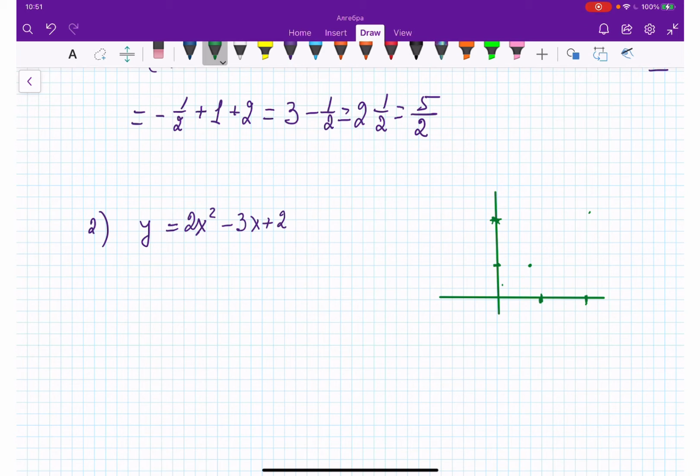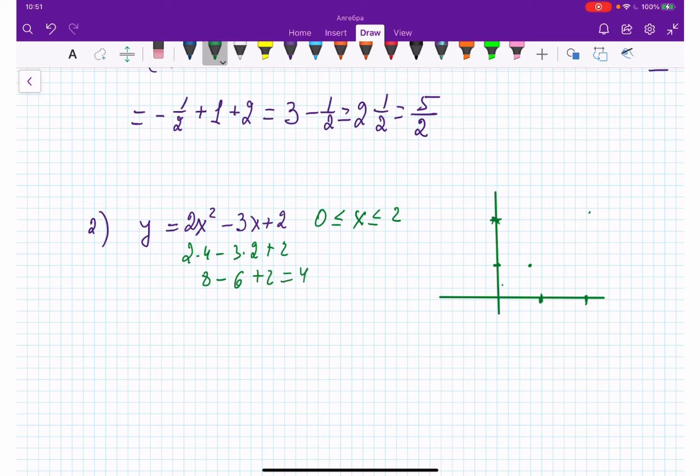Because we need to integrate between x equals 0 and 2. That's why I'm going to take 2. So 2 times 4 minus 3 times 2 plus 2: 8 minus 6 plus 2.